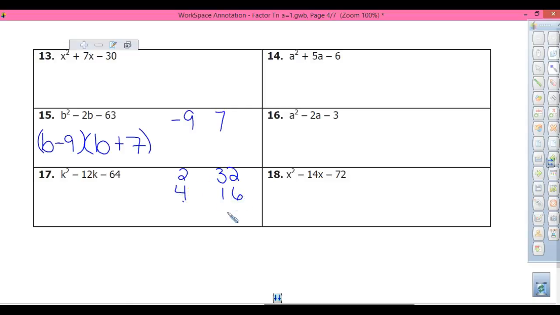And once you get to it, you can stop. Once you get the two numbers that are going to equal a 12, you can stop.